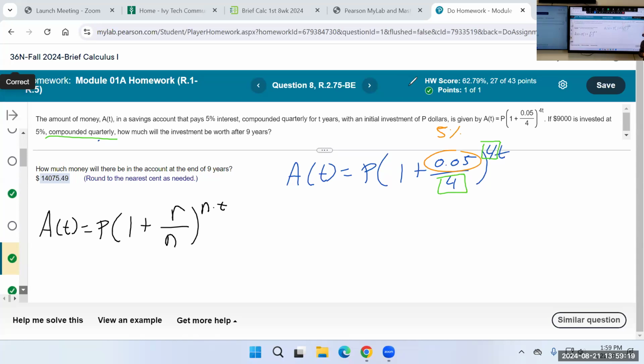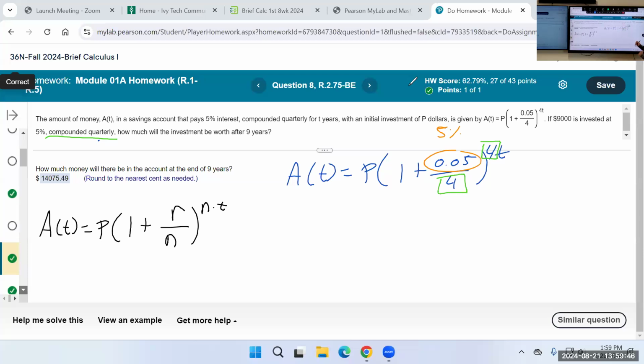If it was compounded monthly, which credit cards are, credit card interest is monthly, so n would be a 12. If it was compounded weekly, it'd be 52. Daily, 365. And then later we'll talk about what happens if it goes to infinity, which is what nature does, but it's for another day.